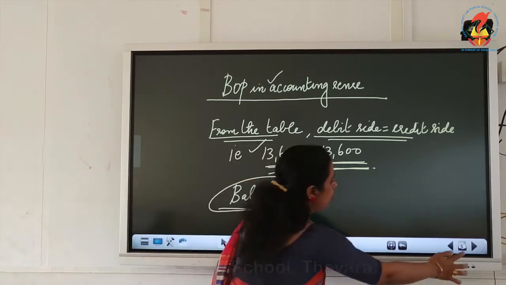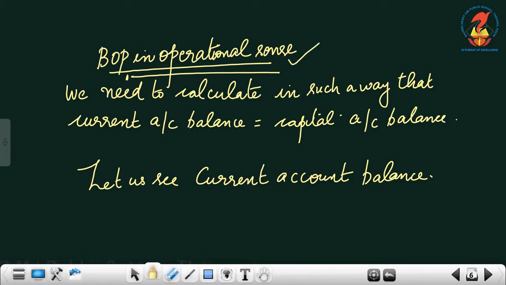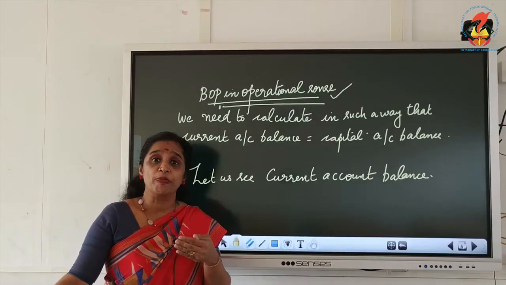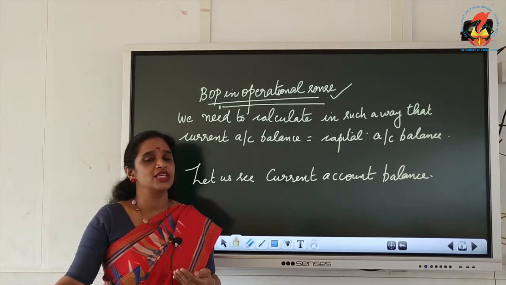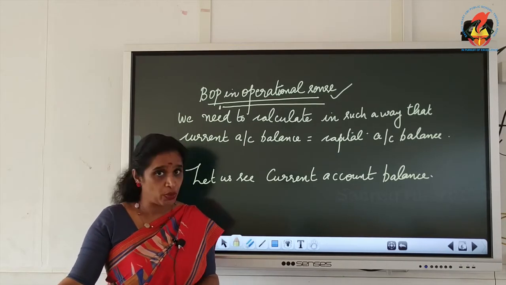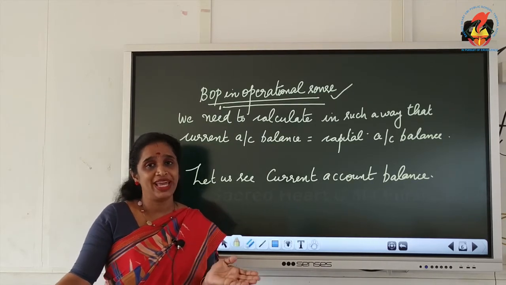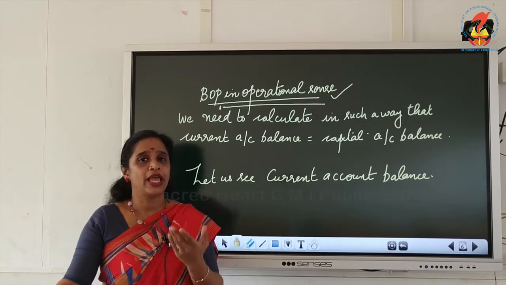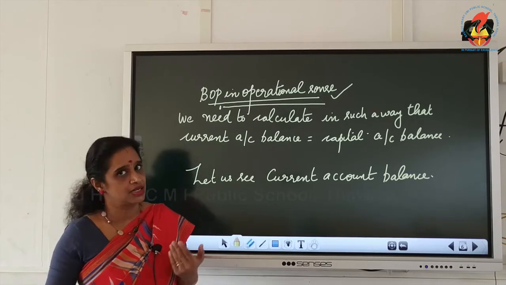Now, we will move on to balance of payment in operational sense. How to find out balance of payment in operational sense? When we deal with the operational sense, you can find the actual problem involved in the balance of payment statement. In accounting sense, even though we find both the sides to be equalized, what role has been played by which account to make that equalized, that we will be able to know only when we learn balance of payment in operational sense.